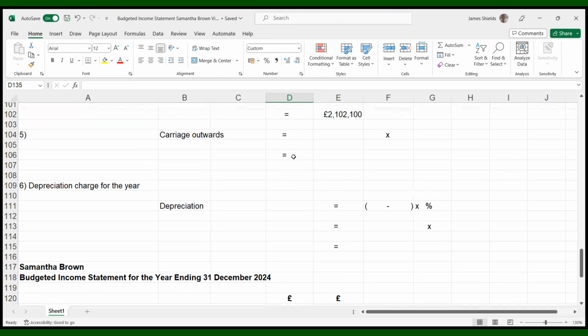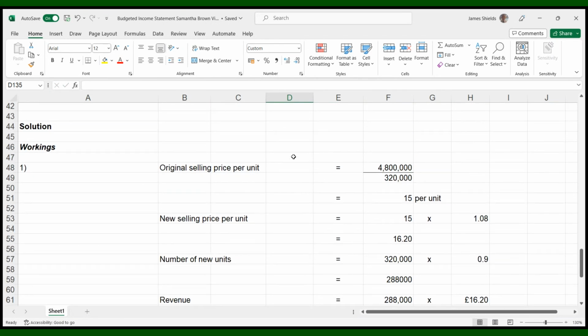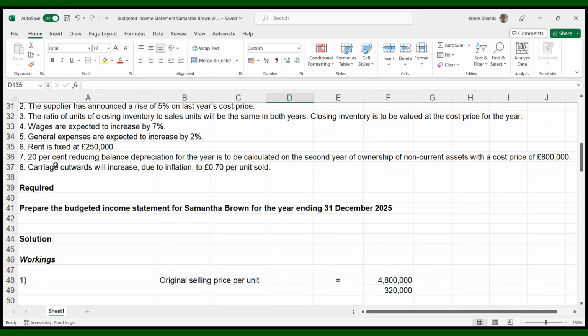Let's go back to the information on depreciation then. It's 20% reducing balance. Depreciation for the year is to be calculated on the second year of ownership of non-current assets with a cost price of £800,000. Now, the reducing balance method is the cost take away cumulative depreciation.